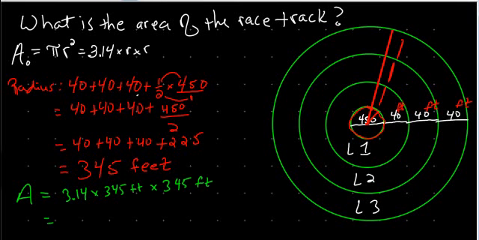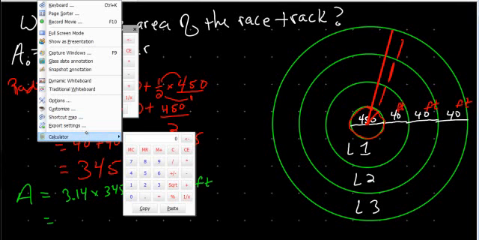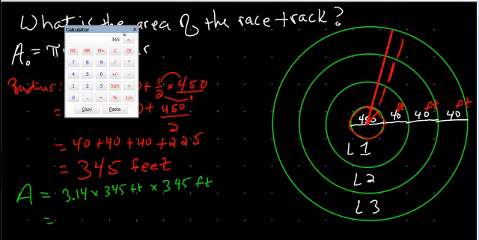Let's see, tools, calculator, so let's go 345 times 345. That gives me my square feet, and then times 3.14, 617,481.